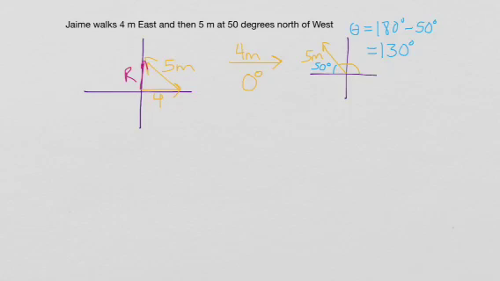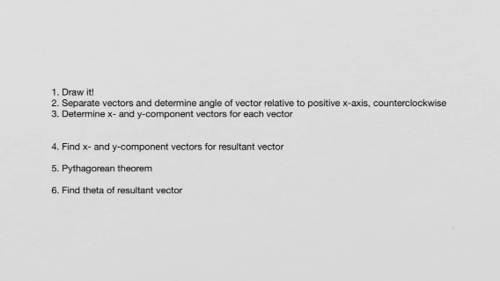Okay, so I have done step 2, where I've separated my vectors and determined the angle of the vector relative to the positive x-axis counterclockwise. Now, next step is I'm going to determine the x and y component vectors for each of my individual vectors. And this is where some of our equations from the last video come in.